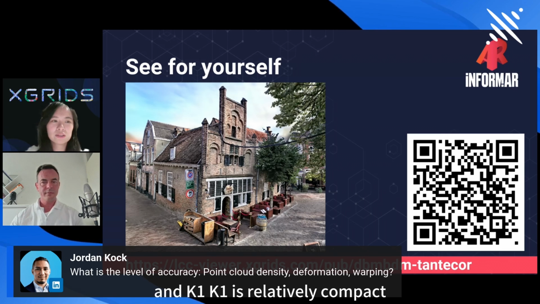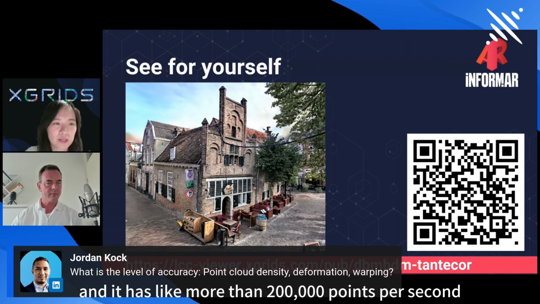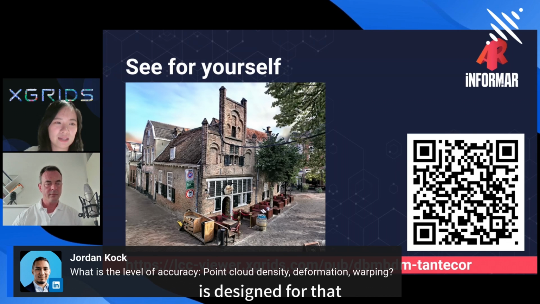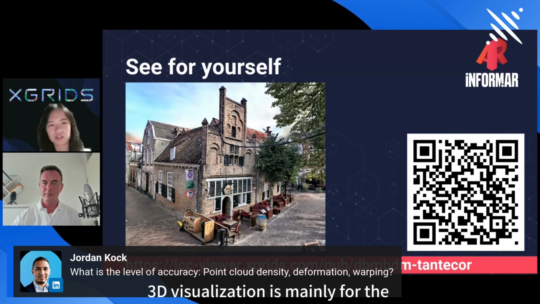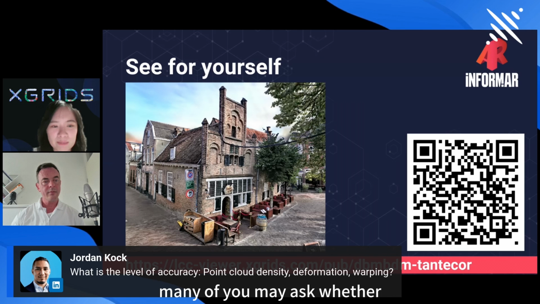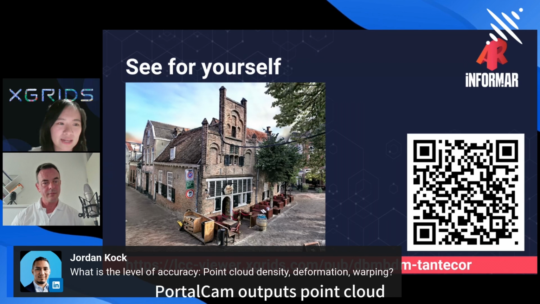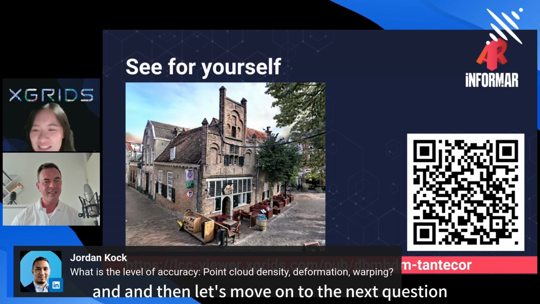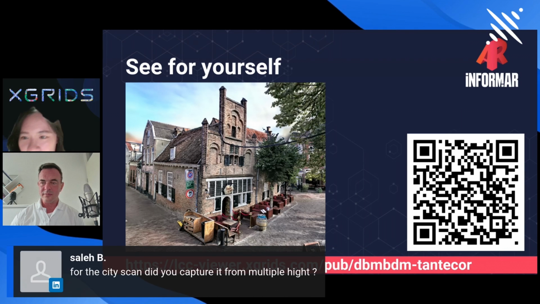And K1 is relatively compact, and it has more than 200,000 points per second. These days, PhotoCAN is designed for 3D visualization, mainly for 3D Gaussian splatting. Though at this moment, many of you may ask whether PhotoCAN outputs point cloud. The answer is no at this moment, I must say.